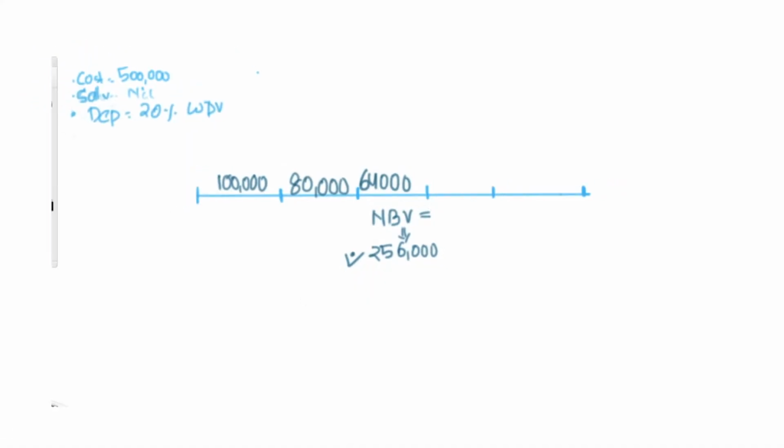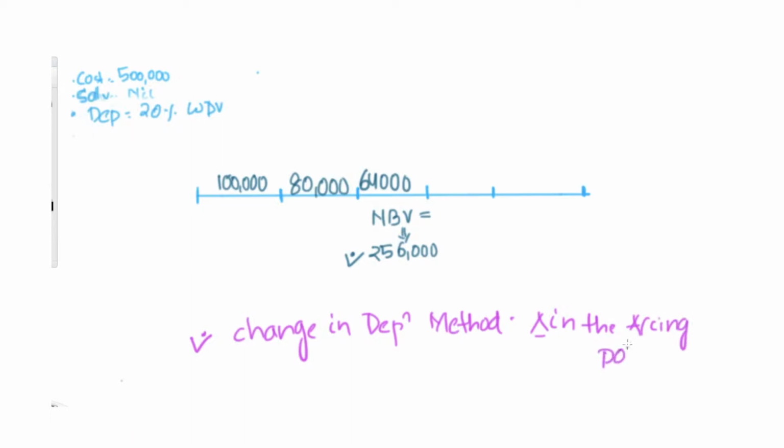Now let's talk about the change in the depreciation method. So I just want to give you a background. Whenever there's a change in depreciation method, it's a change in the accounting policy, because selection of the depreciation method is an accounting policy which is dealt with by IAS 8.